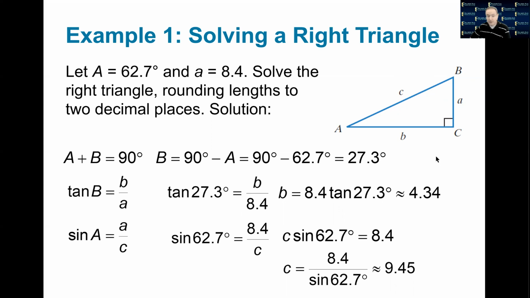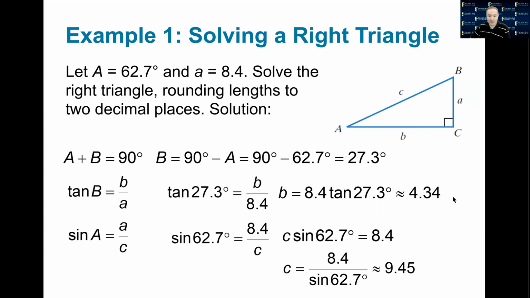So you're going to notice I avoid using the Pythagorean theorem here to find the length of C. I don't want to say C is equal to the square root of 8.4 squared plus 4.3 squared. Why? It would approximately be true, but I know 4.34 is not the actual measure of side B. It's an approximation to it.